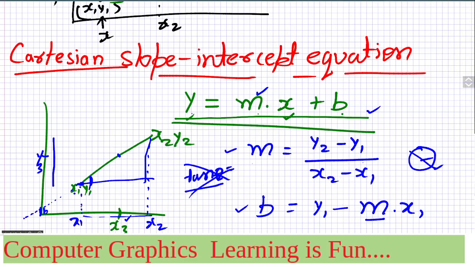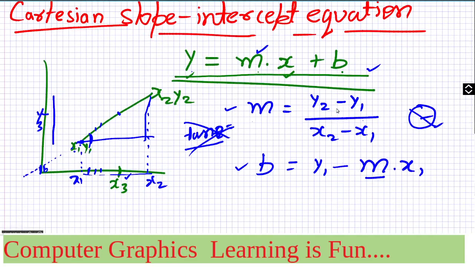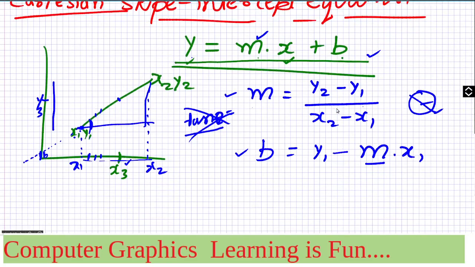If we are moving in this direction, this was x1, y1, now we have moved to x1 plus 1, then what will be the value of y? For x1 plus 2, what will be the value of y? If we have moved 3 units in the x direction, what will be the new y value? This is what we have to calculate.